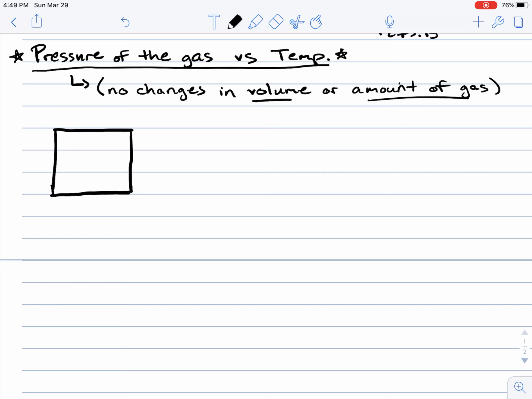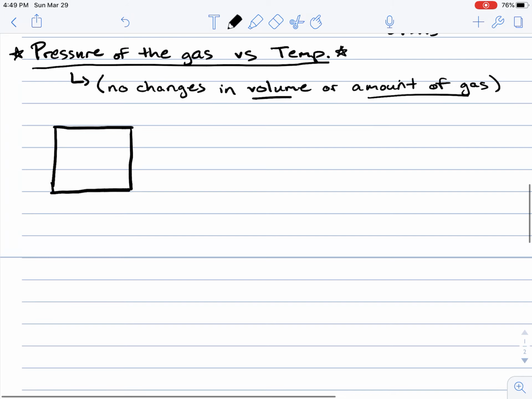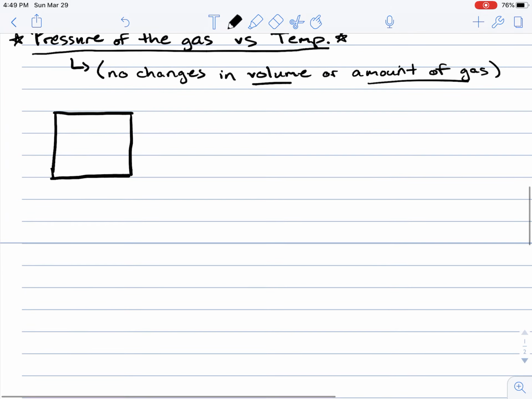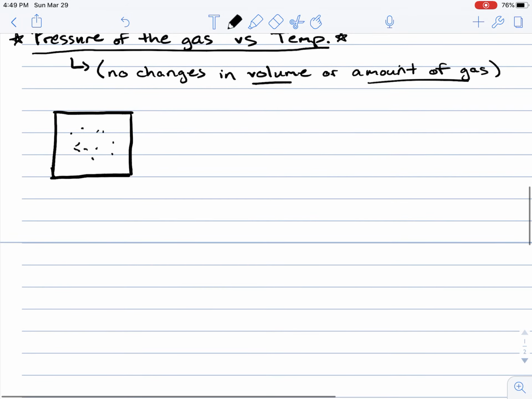So we can just have a box, and none of the walls of the box can move. Let's say we have gas molecules inside this container, and the current temperature is 0 degrees Celsius. In Kelvin, that'll be 273.15.